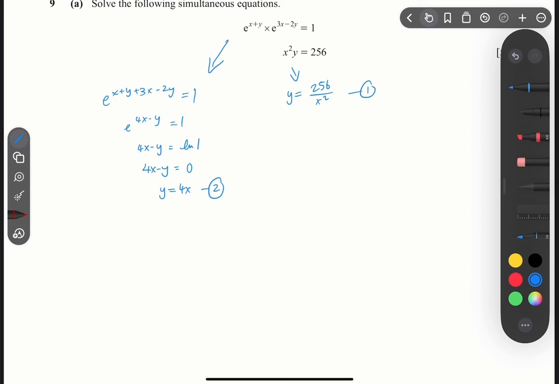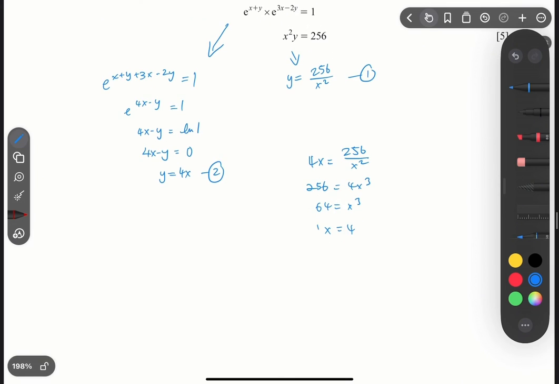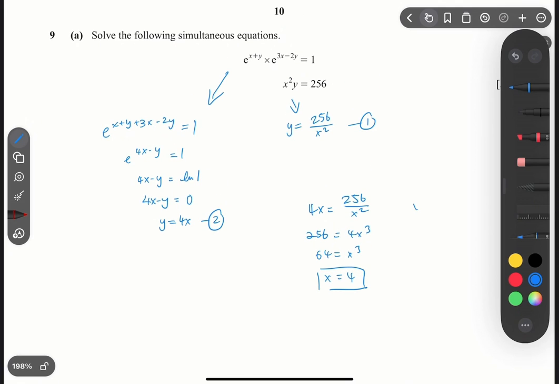This is your second equation. Now you can just equate these two equations. Actually, you can just sub it in here. 4, 16. Y equals 16. So that's the answer for x and y.